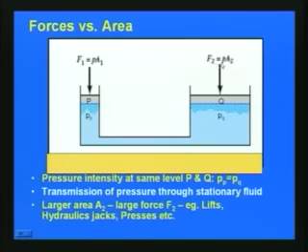Here F2 equals P into A2, which is much larger compared to F1. So the transmission of pressure through stationary fluid is possible with this mechanism. Since the pressure intensity is the same and the area A2 is much larger than A1, a larger area gives a larger force F2.